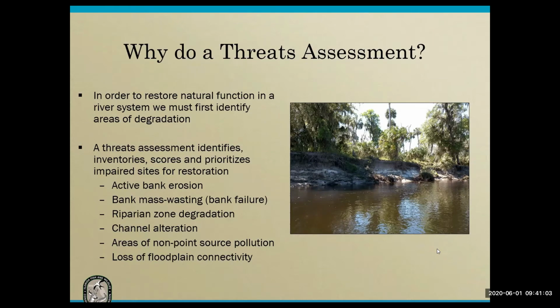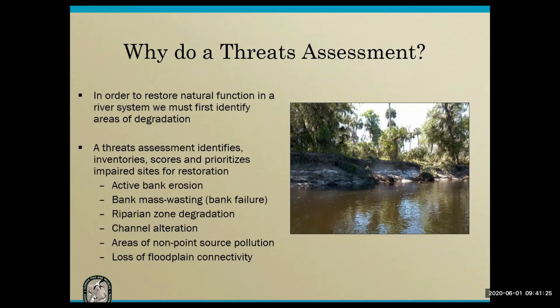Impairment was based off locating areas of bank erosion, bank mass wasting, which basically means bank failure, riparian zone degradation, channel alteration, areas of point and non-point source pollution, loss of floodplain connectivity, and fish passage issues.